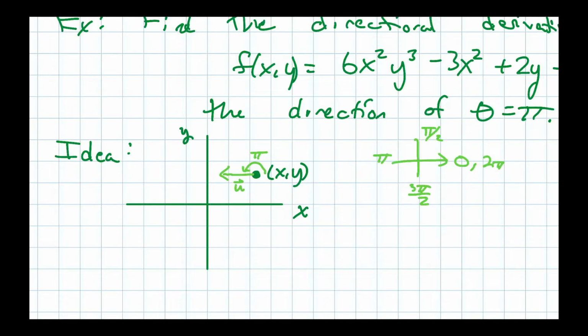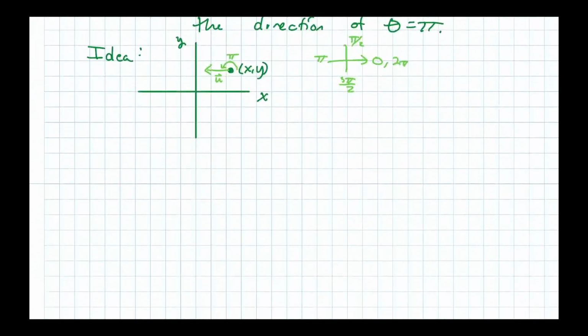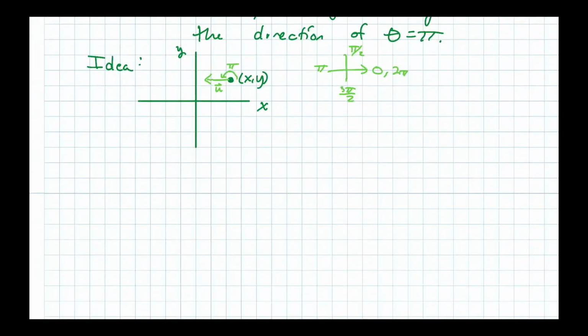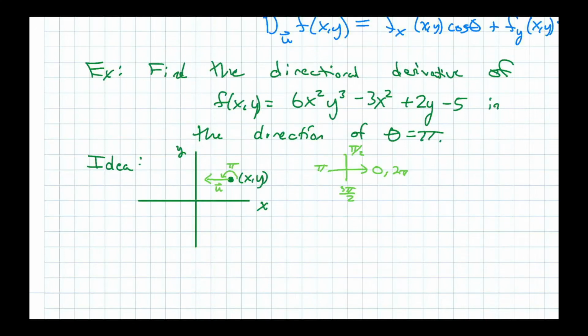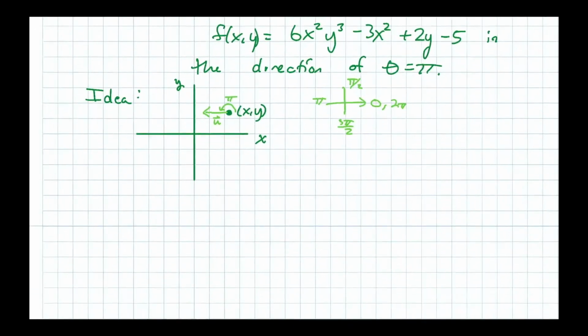Okay, now the interpretation of this directional derivative is going to be that the slope of the surface in that direction is given by this directional derivative.